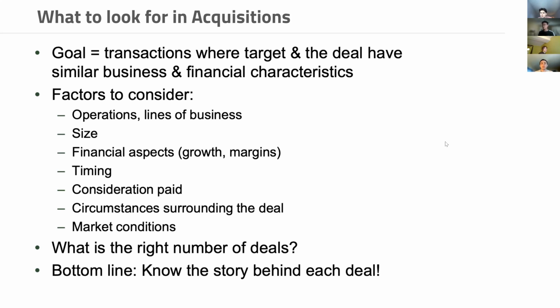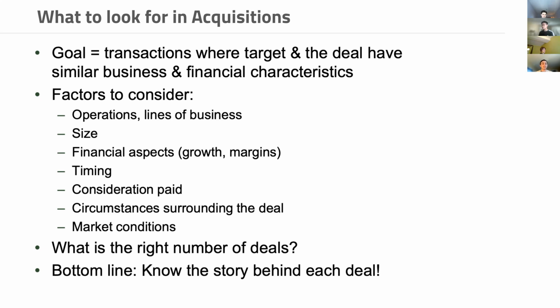And so in terms of what to look for when you're valuing a company in the context of an acquisition and looking at prior acquisitions for your comp set, you really want to be considering all of those factors that are outlined there, because those can contribute to synergies. They can contribute to the overall story of the transaction, and all of those things really factor into the price that's going to be present in the precedent transaction.